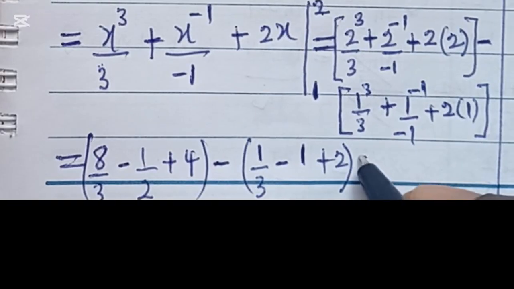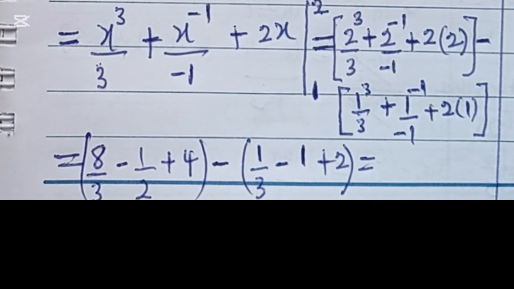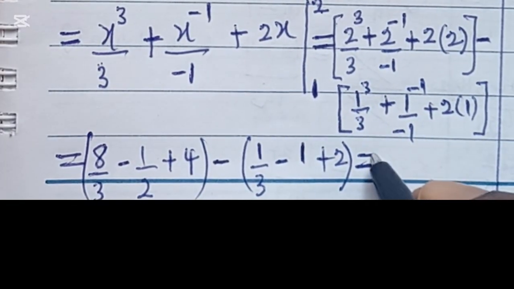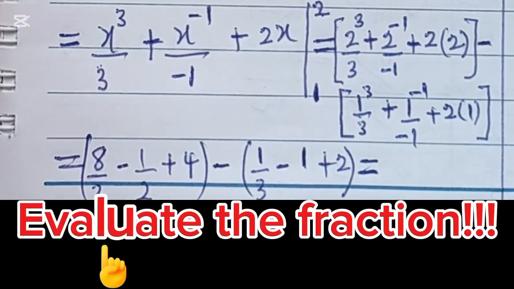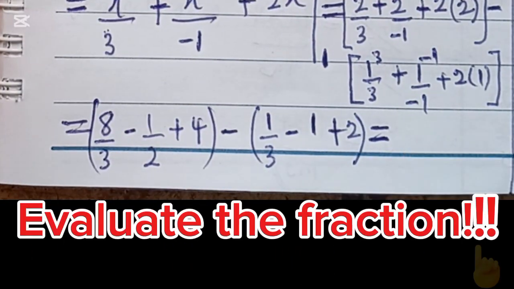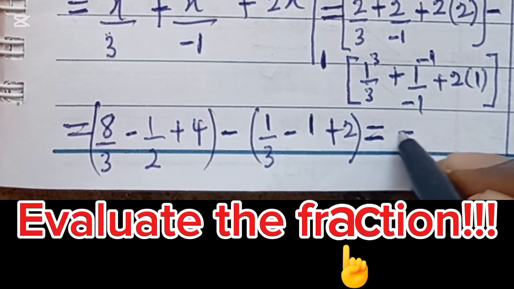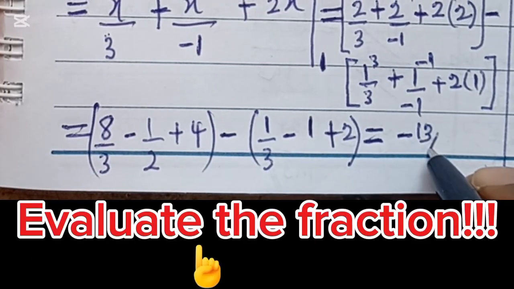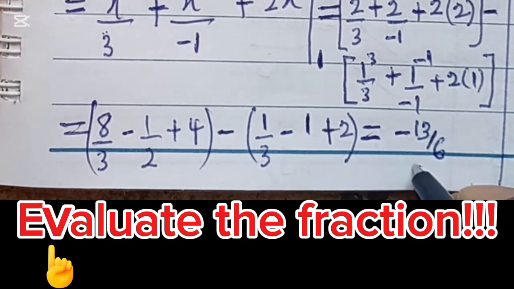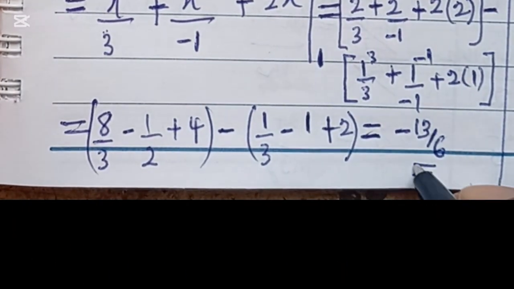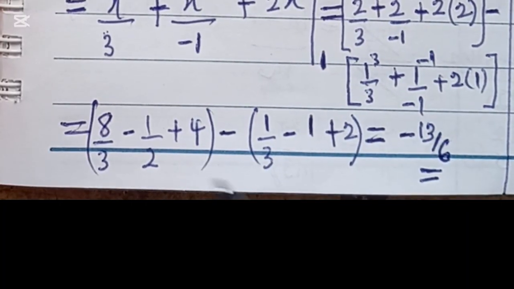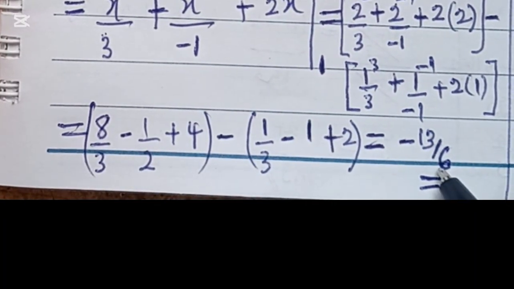The task here is to evaluate this fraction, and we are going to get our final answer. When you simplify this, at the end of the day you're going to get minus 13 over 6. So why not give this a try, verify your answer and compare with what I got. I simply broke down this entire fraction and then I got this.